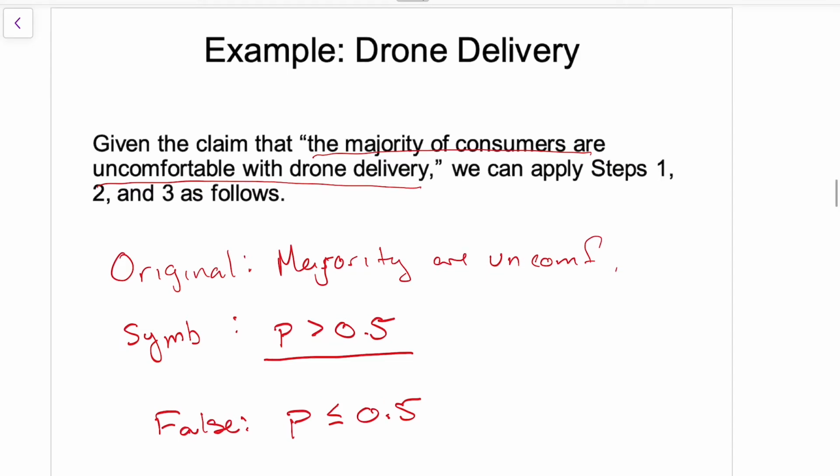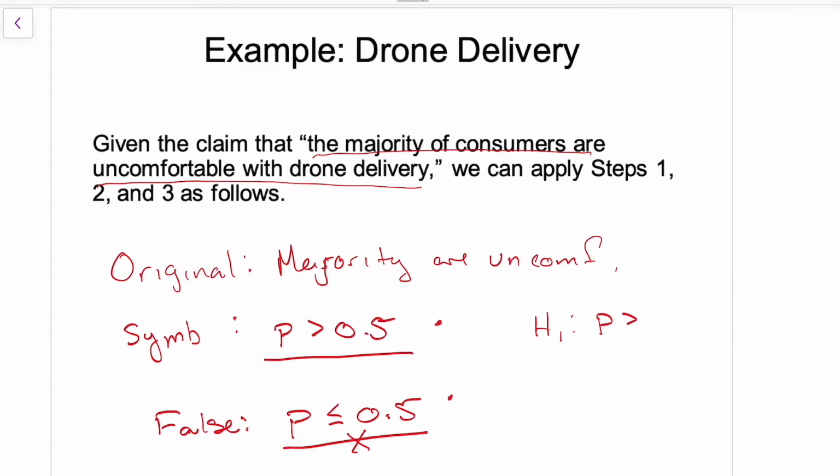Now we can start to determine the null and alternative hypothesis. If we identify H1, our alternative hypothesis, it will be the one of these two that does not contain the equality. Because this is less than or equal to 0.5, it contains the equality, so I do not want to include that as my alternative hypothesis.